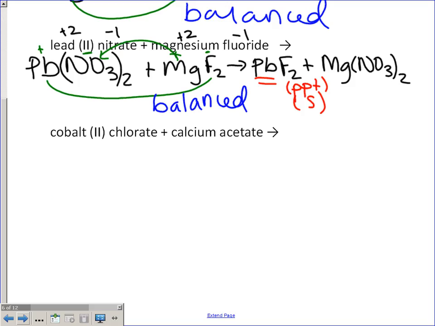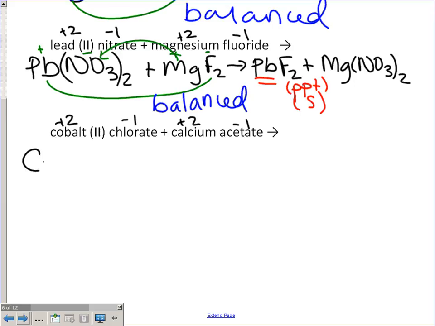Alright, next up is cobalt chlorate and calcium acetate. So when I go to write my chemical equation, cobalt is going to have a +2 charge. Chlorate has a -1 charge. Calcium +2 and acetate -1.